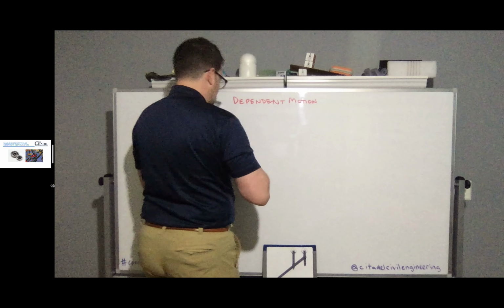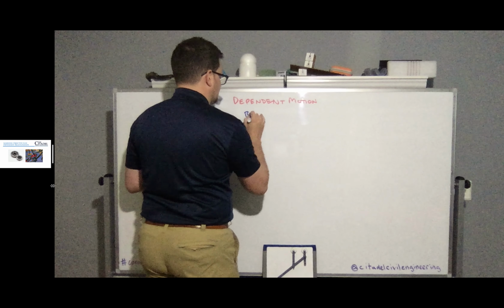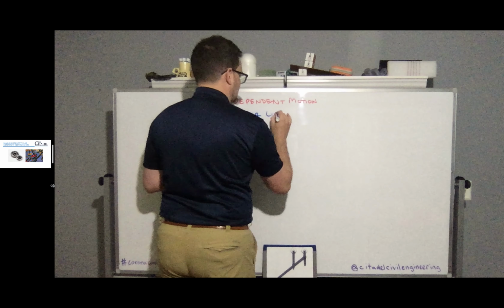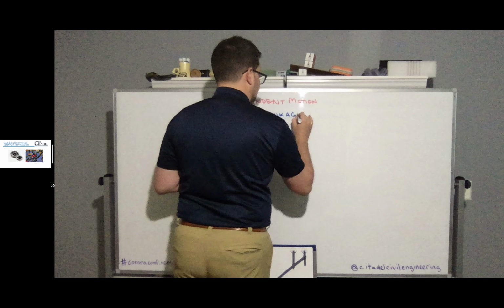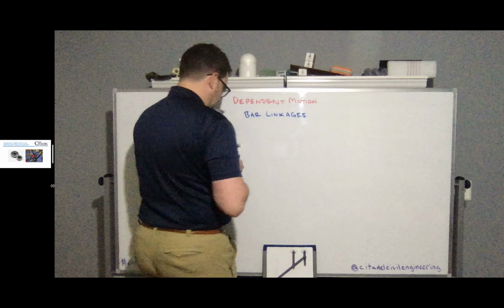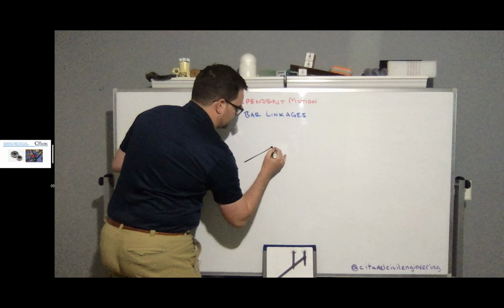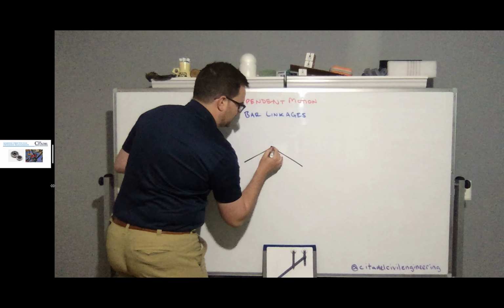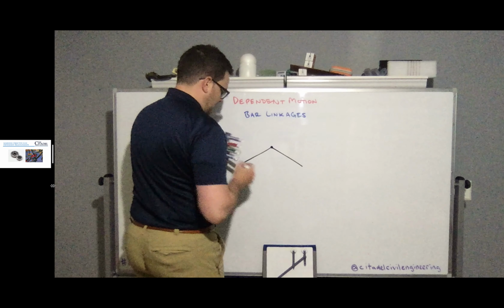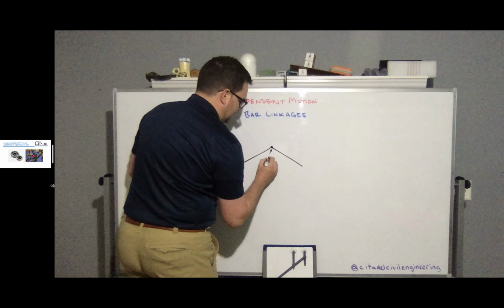For bar linkages. The idea being that I might have 2 bars or objects that are connected by a pin. And so right here we've got our little pin connection.